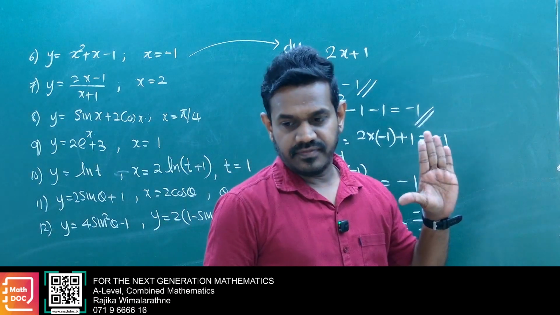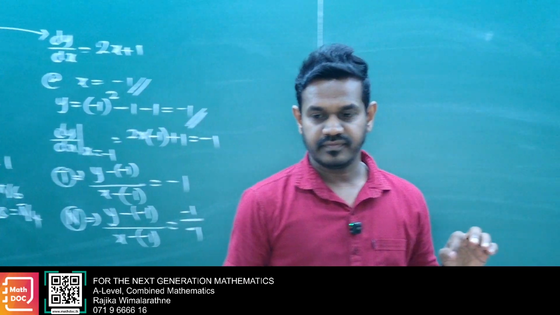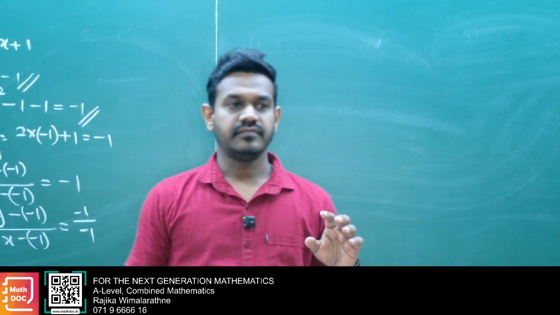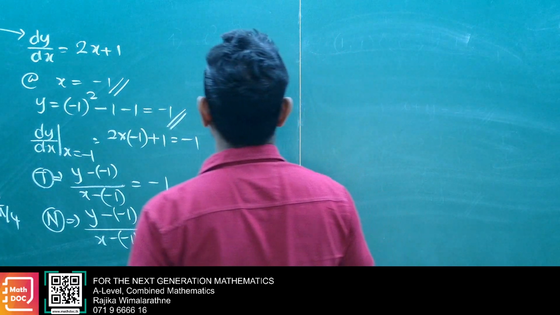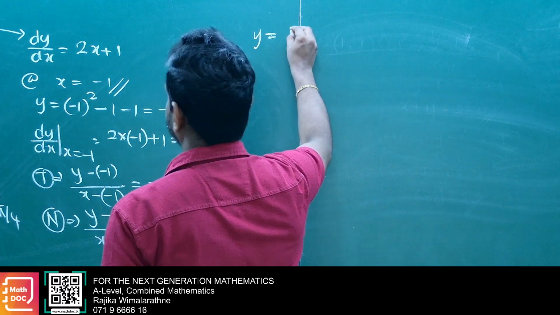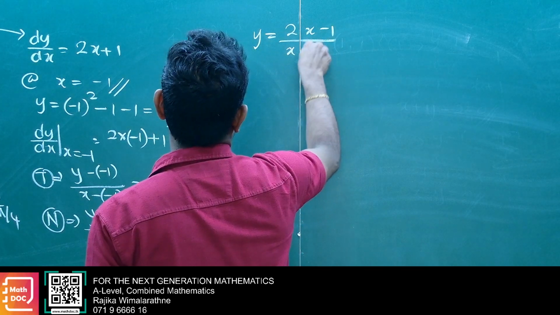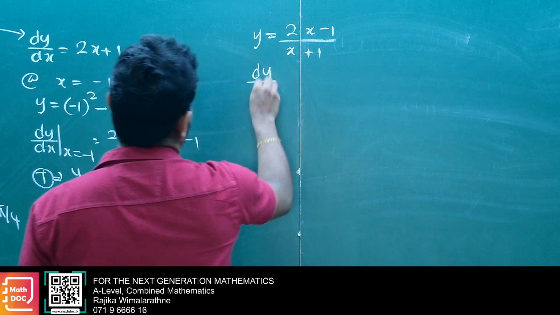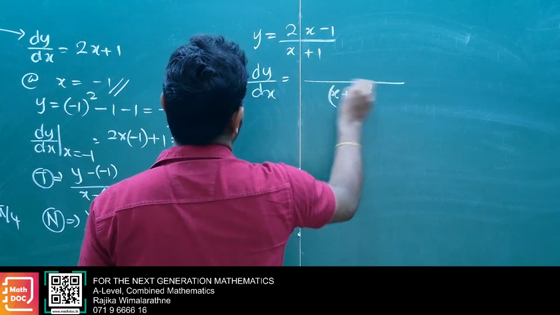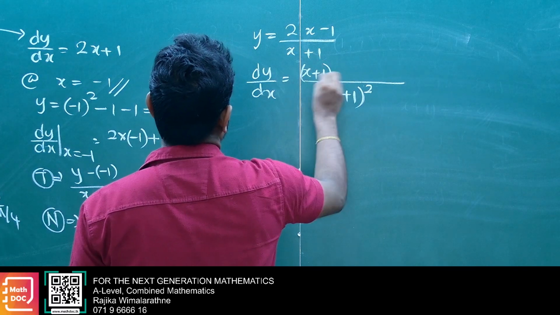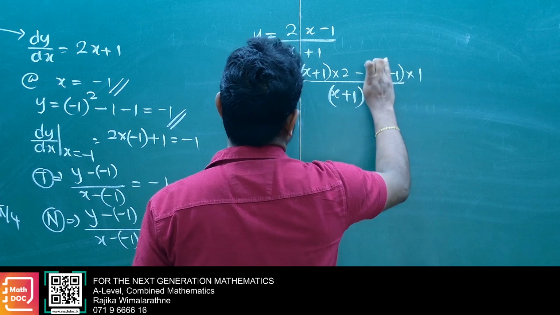Then second one, check your answers. Rational type function: y equals 2x minus 1 over x plus 1. Then dy by dx: denominator squared, denominator times derivative of numerator, minus numerator times derivative of denominator.